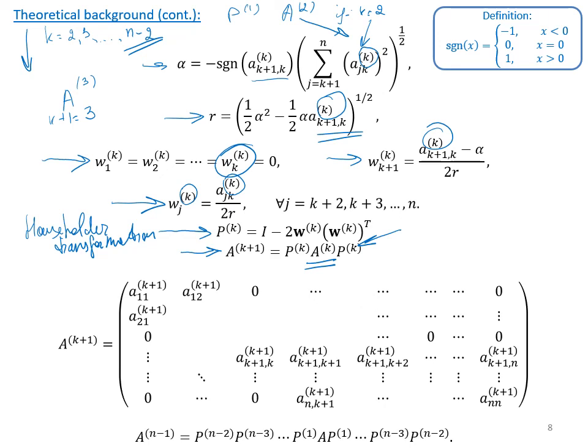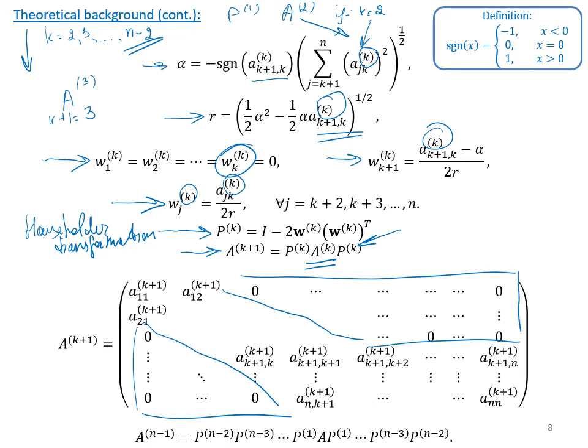As a result, we see that we have 0 entries here, and our goal is to get a tridiagonal matrix. So we can continue this process, and this is the most general formula for how we can compute the A n minus 1 matrix, and we will get a tridiagonal and symmetric matrix.